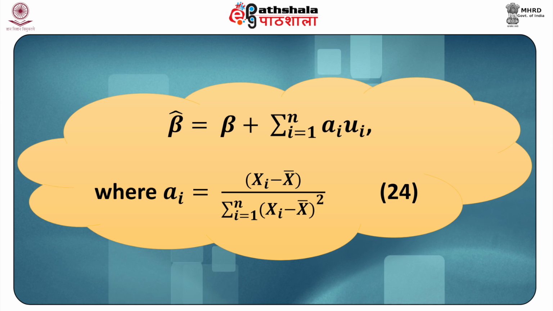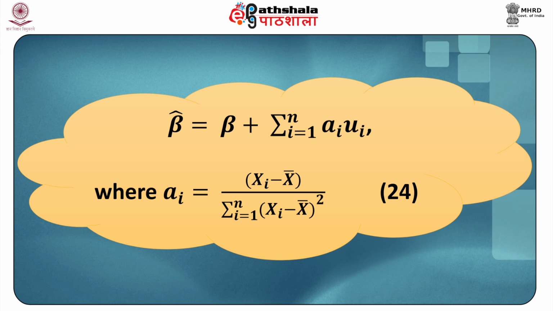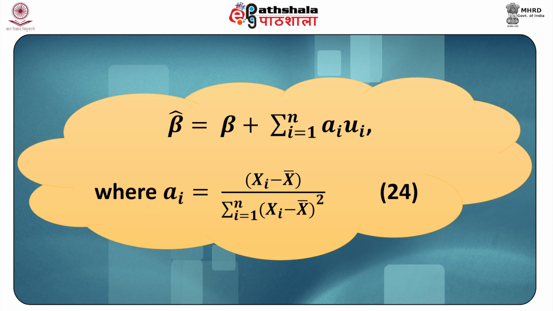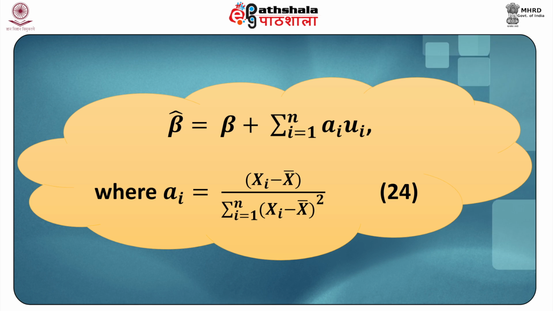The second term in equation 24 becomes complicated with the multiple linear model, that is, with more than one explanatory variable. However, matrix algebra helps us to solve and prove the properties of the estimated parameters.